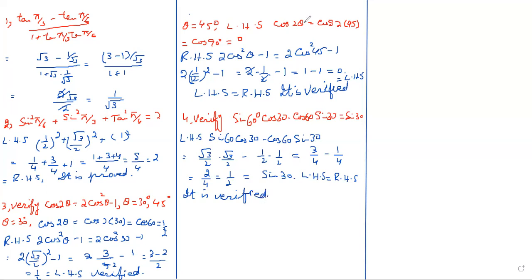Right, so now today's question number 5. Prove that, this is a very important question. Cosine 4 theta minus sine raised to power 4 theta equals to cosine square theta minus sine square theta.